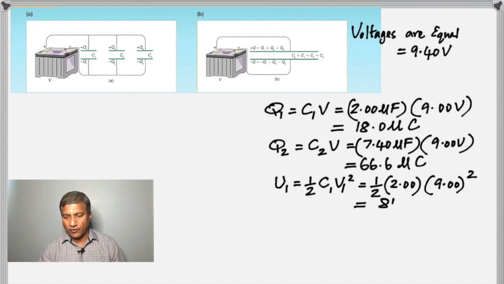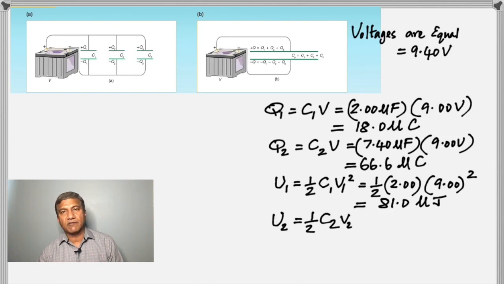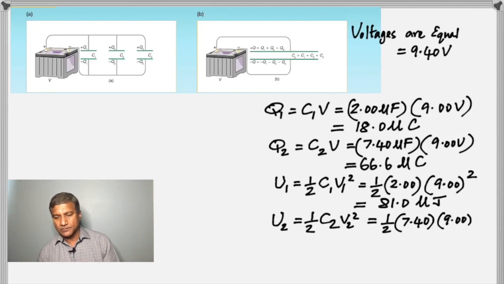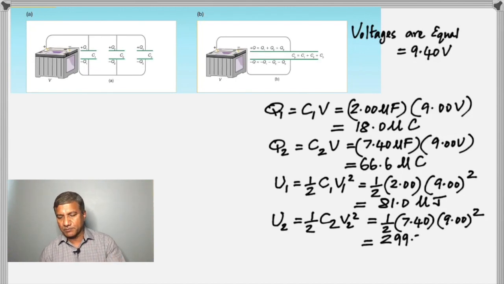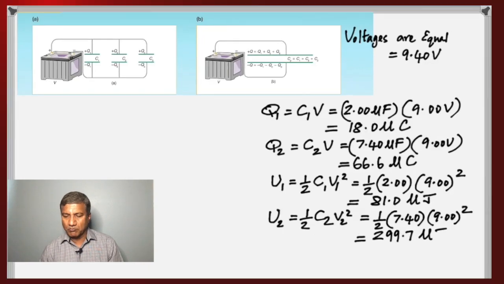So when we use this formula, you can get the value of the energy stored in each capacitor. The first one is 81 microjoules. And when we use the same formula for the second one, it's 1/2 times the value of the second capacitor multiplied by the square of the voltage. So you get 299.7 microjoules.